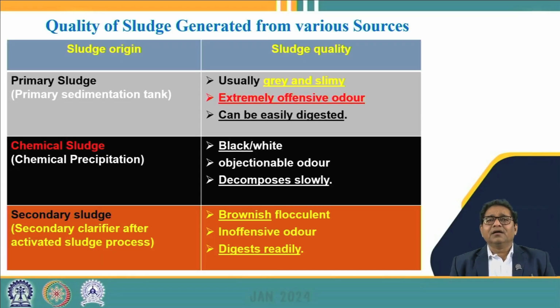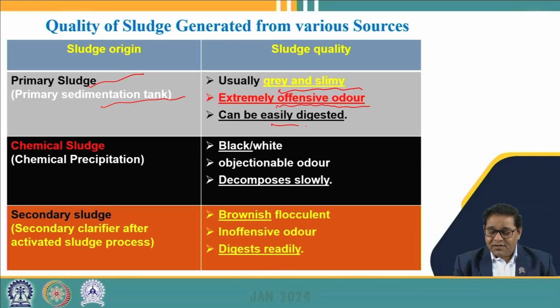Here we see how sludge differs in characteristics depending on its origin. Primary sludge is generated from the primary sedimentation tank. Its color is grey and slimy, it has a very offensive odor, and it can easily be digested. Chemical sludge is generated mostly from chemical precipitation, coagulation and flocculation processes.